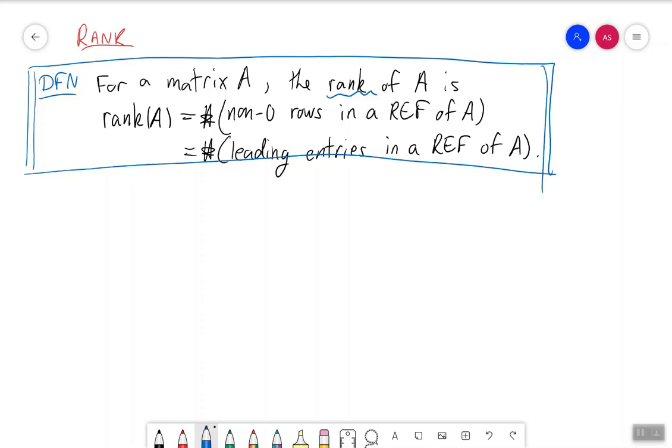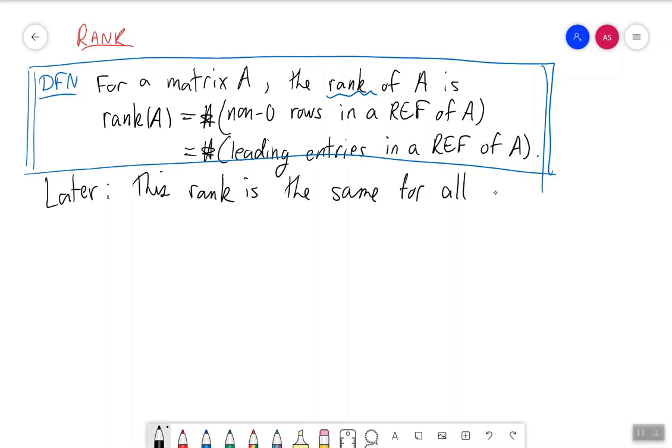Well, all the definitions I make are going to be super important. Later, we'll see that this rank is the same for all row echelon forms of A.